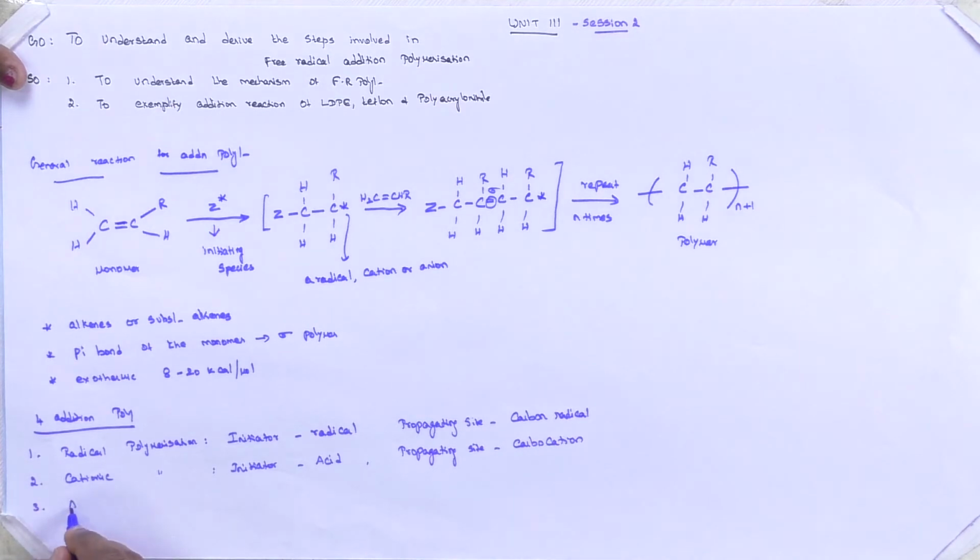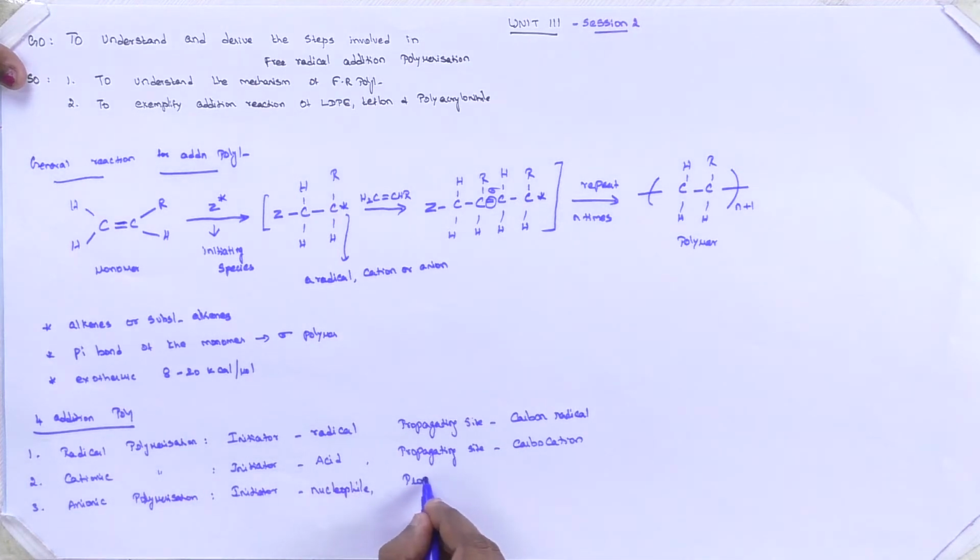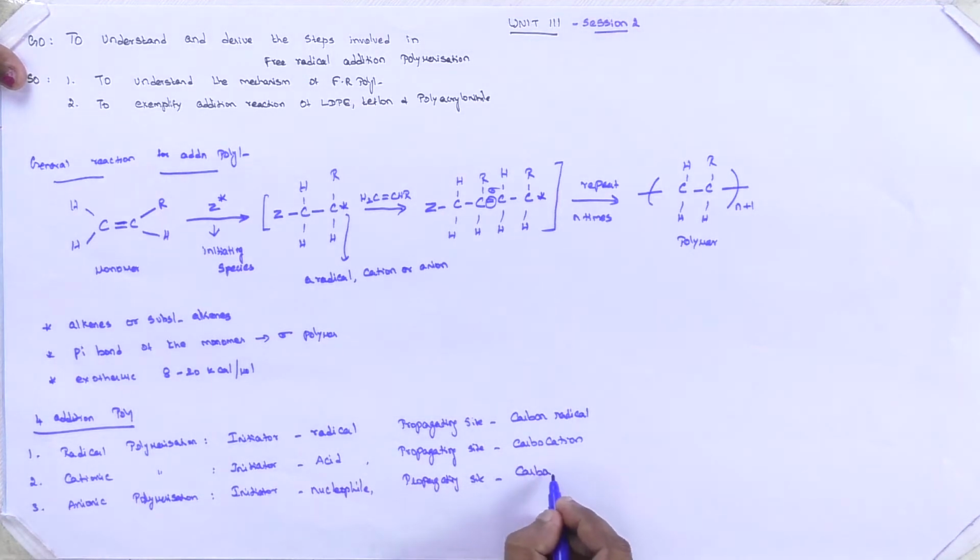Third is anionic polymerization, where the initiator is a nucleophile and the propagating site is a carbanion.